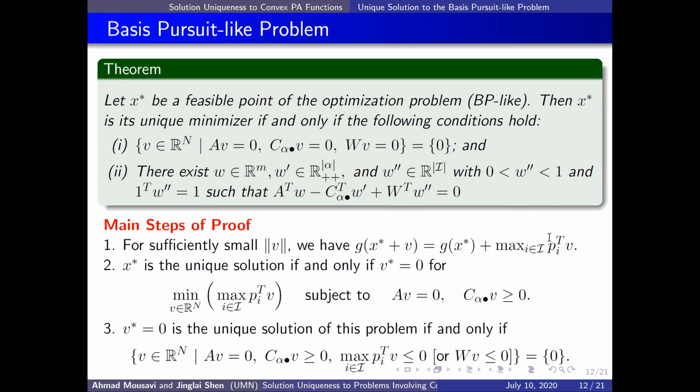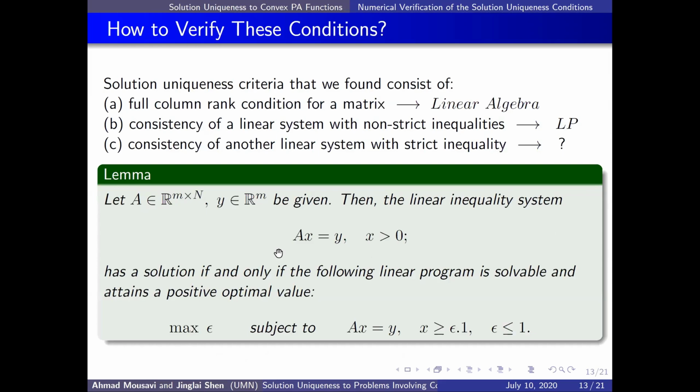For that, people in the literature suggested barrier algorithms, but for us, we noticed that eventually what we want to check is the feasibility of this system, AX equal to Y, and is there a positive component-wise solution.